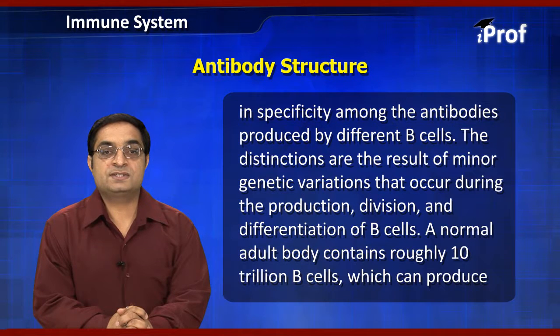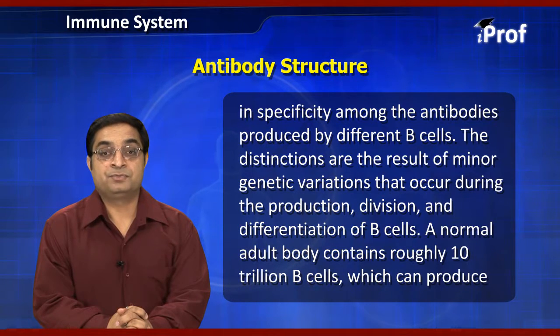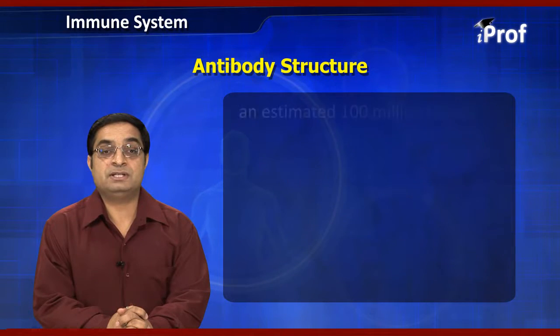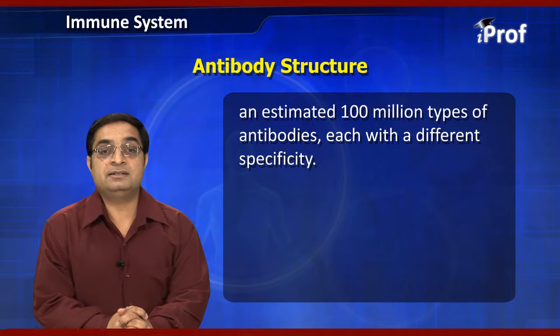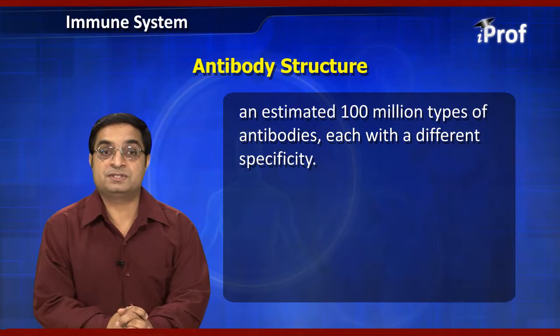The distinctions are the result of minor genetic variations that occur during the production, division, and differentiation of B cells. A normal adult body contains about 10 trillion B cells, which can produce an estimated 100 billion types of antibodies, each with a different specificity.